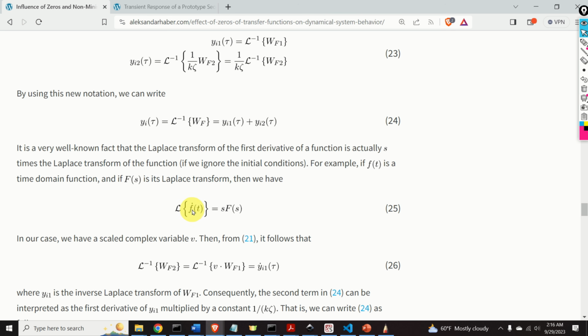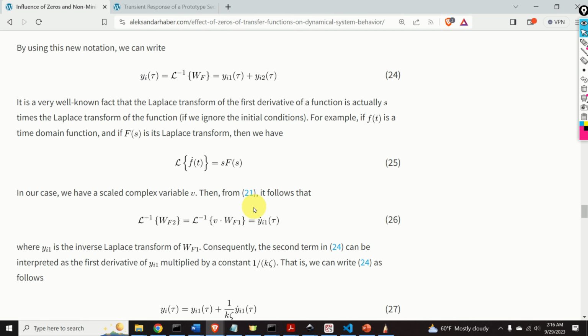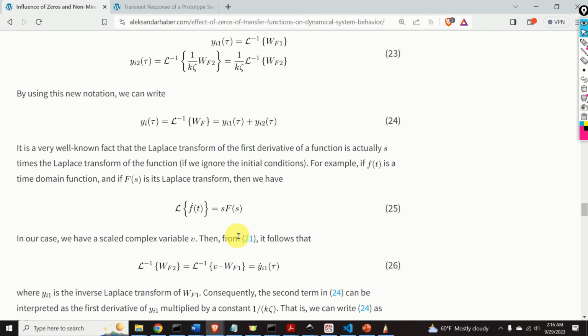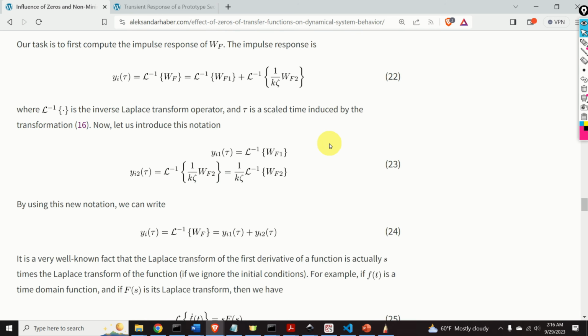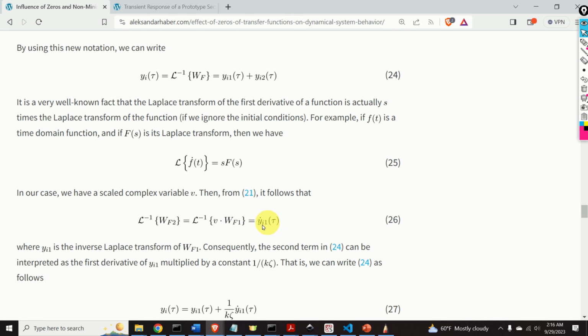The Laplace transform of the first derivative of f in the complex domain is s times f of s, where f of s is the Laplace transform of f of t. In our case, we have a scaled complex variable v. Then, from equation 21, we can obtain a very important expression.